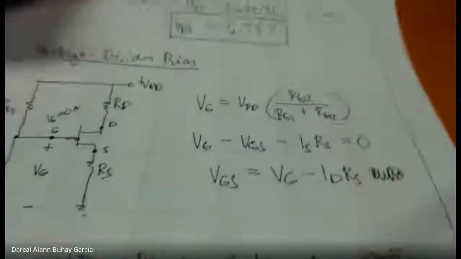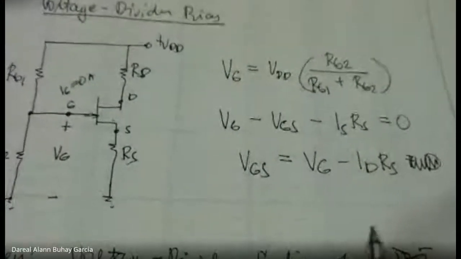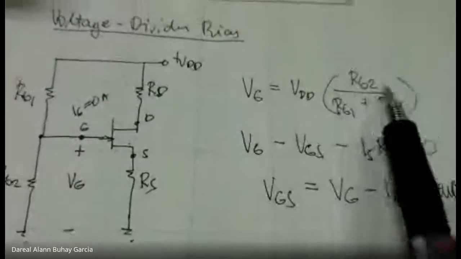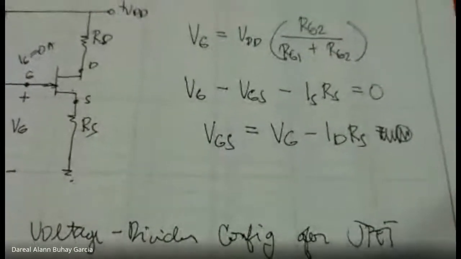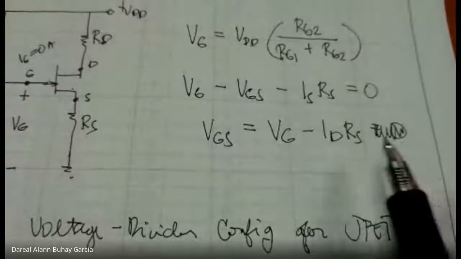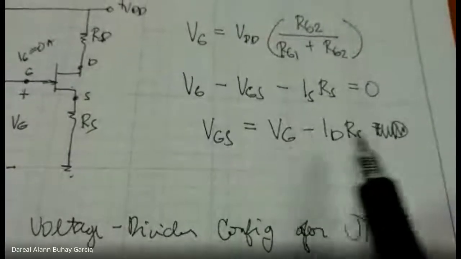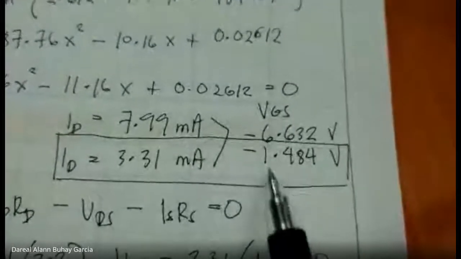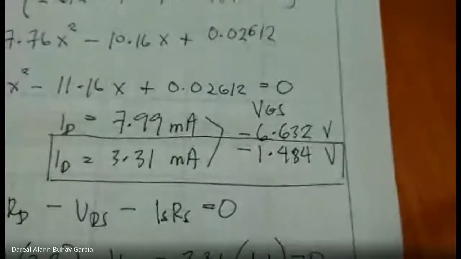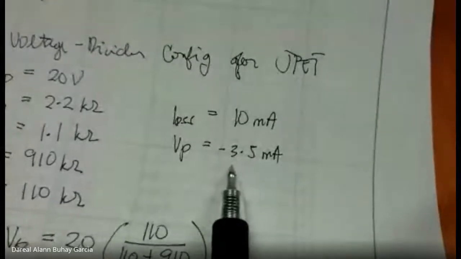VG is just the voltage divider voltage across RG2. We substitute the two values of ID that we got; RS is constant, so we get two values of VGS. Then we choose between the two, the one within the given device parameter VP.